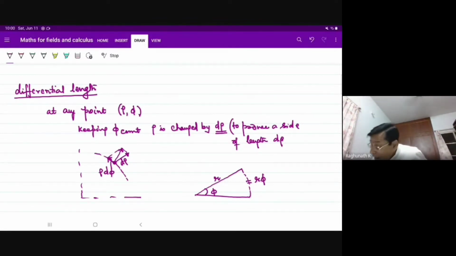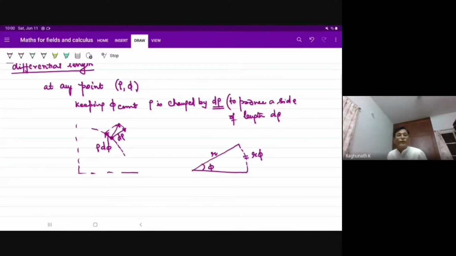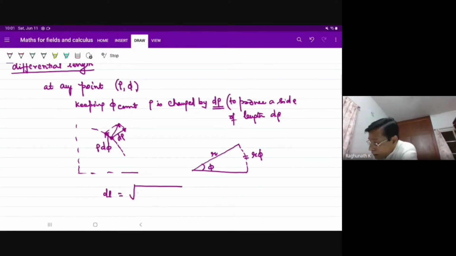So the differential length in this coordinate system, dl, whenever I want to take, is root of d rho squared at any rho comma phi plus rho squared d phi squared.